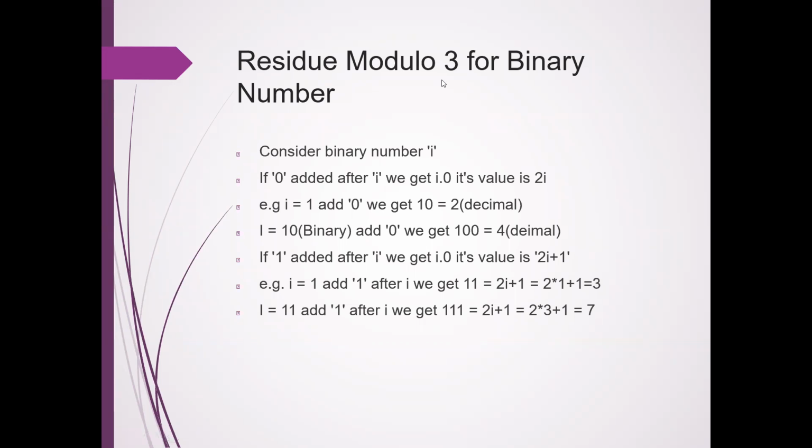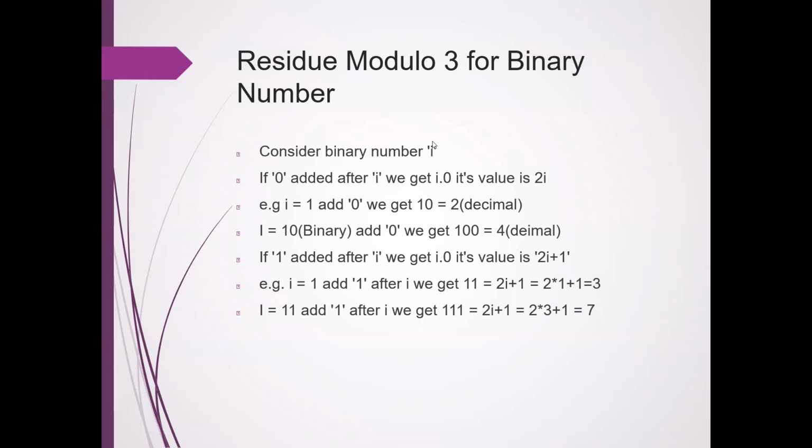Here are a few observations which you should note. If we have a binary number I, any binary number, it means this I can be either 0 or 1.